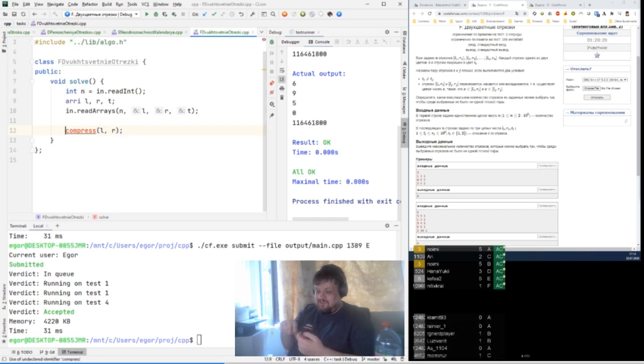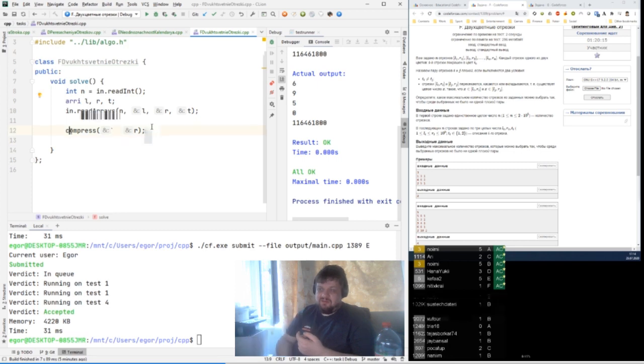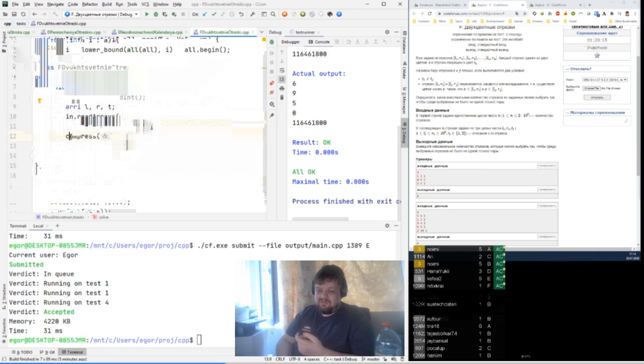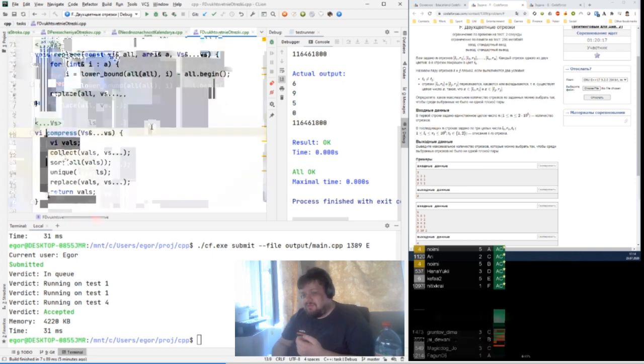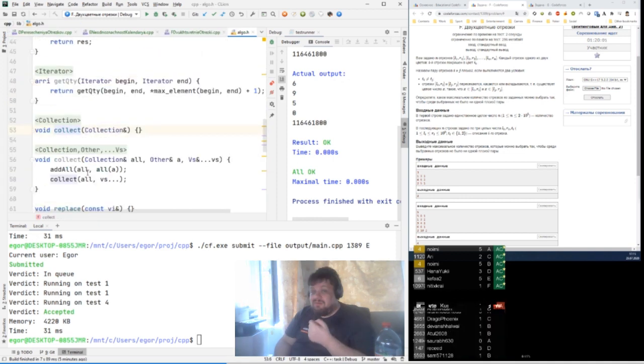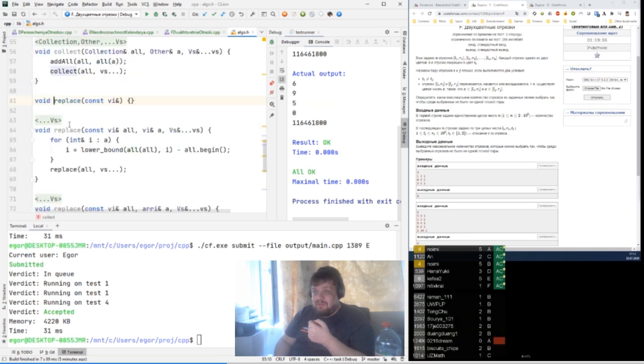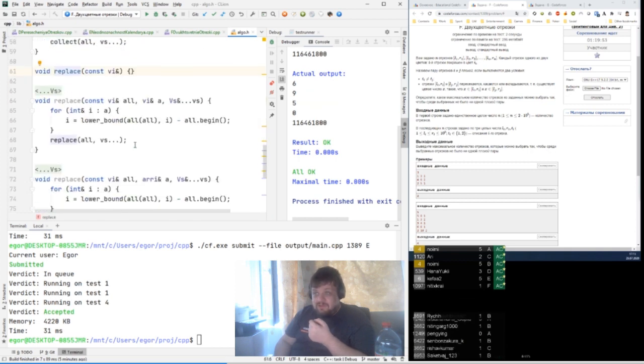We can solve this by adding 1 to all positions to the right of the right end of this current segment. Sorry, there are some weird artifacts on the screen. Okay, I think this got fixed eventually. Yes, and that's basically what we do.